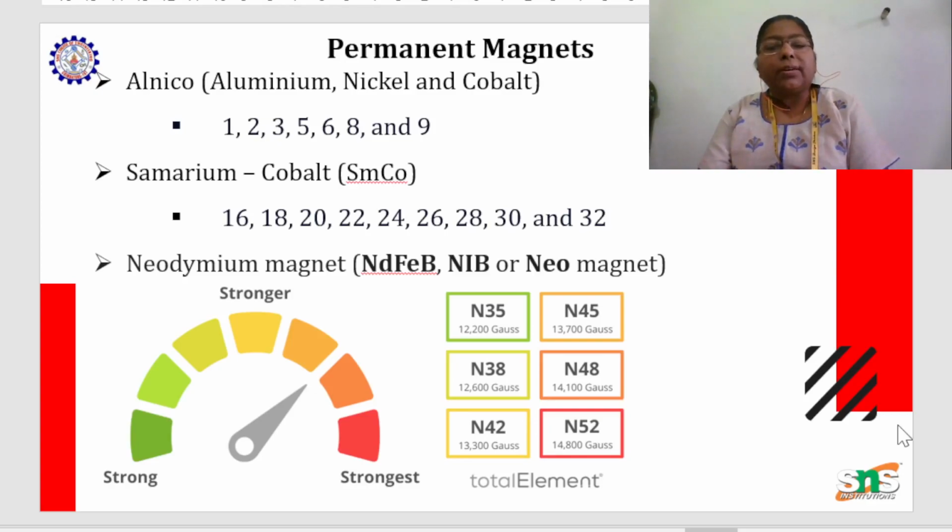If you go with the neodymium magnet, a magnet with a high flux density, it is graded from N35 to N52: N35, N38, N42, N45, N48, N52.